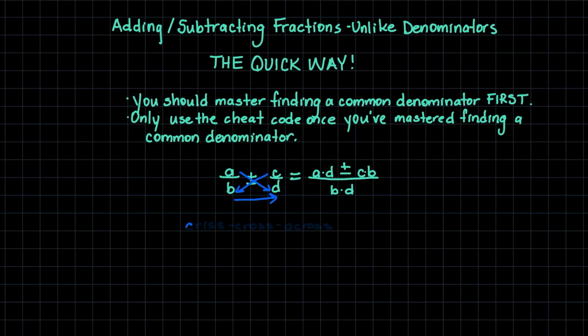We like to call this crisscross across. I'm going to work through a few examples so you can see how it's a nice quick way to add or subtract fractions that don't have the same denominator.